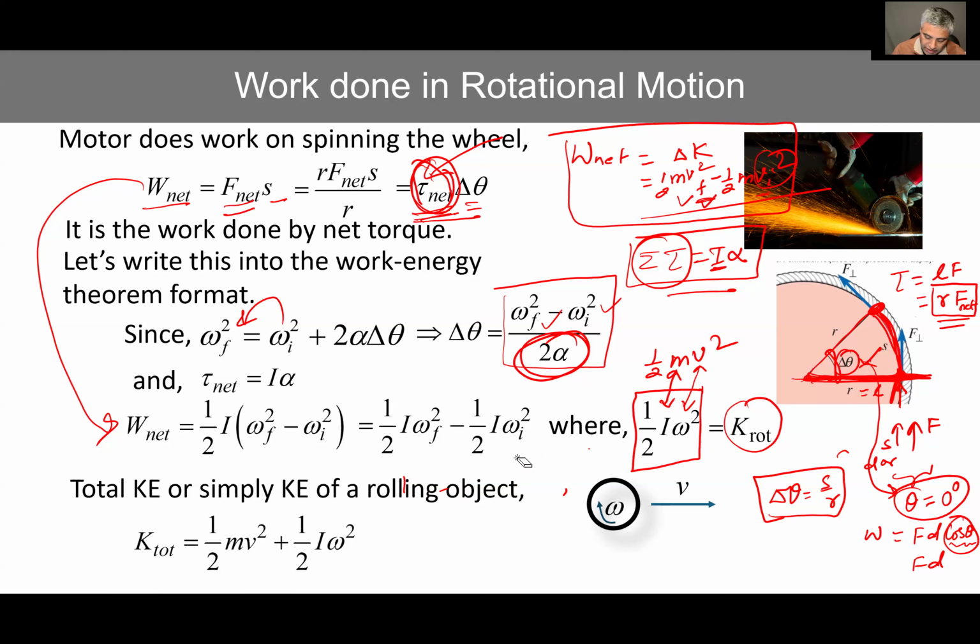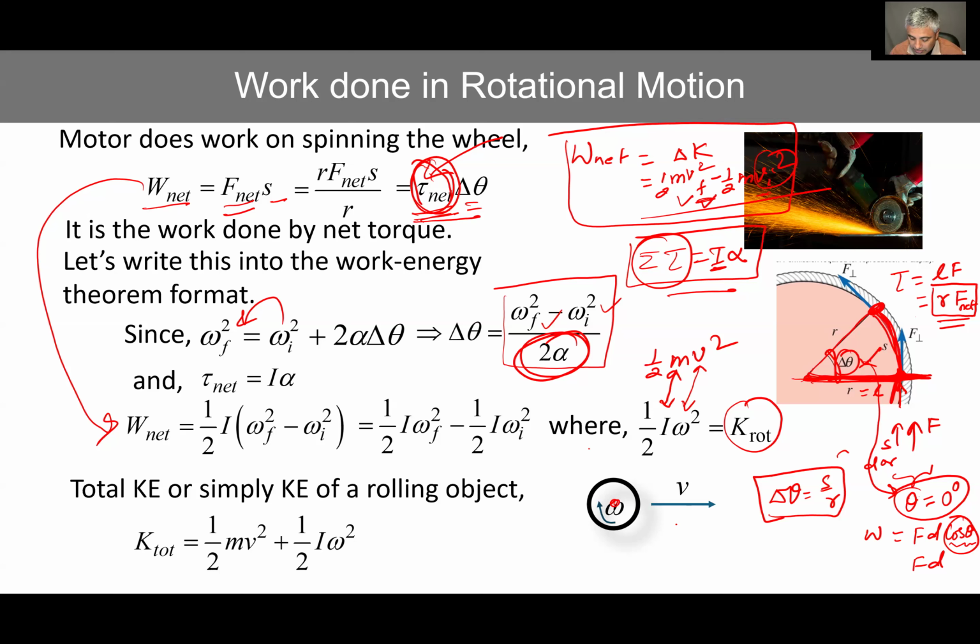So when something is rolling, it has angular speed and, at the same time, translational speed. And remember the center of mass. The center of mass of the object is moving. That's translating. So if we follow the center of mass, the speed of the center of mass gives us the translational speed.